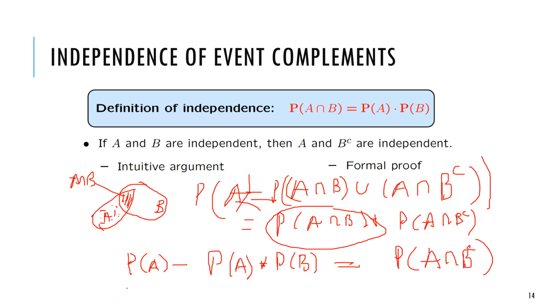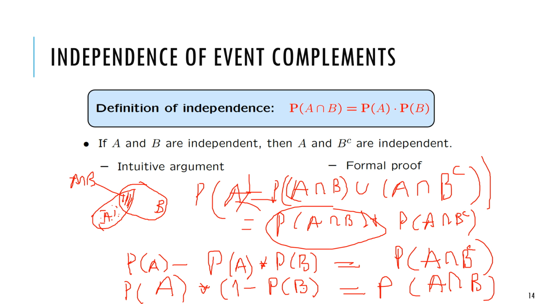This is equal to probability of A multiplied by 1 minus probability of B, equal to probability of A and B complement, since 1 minus probability of B is the probability of B complement.